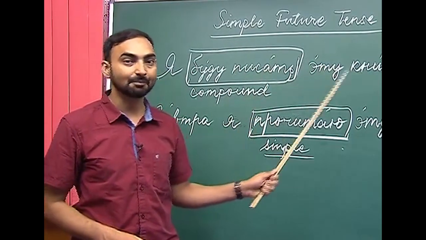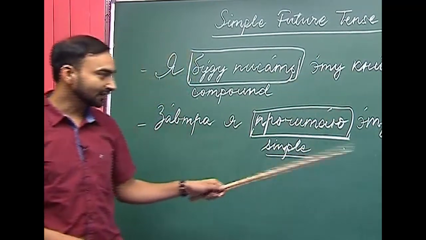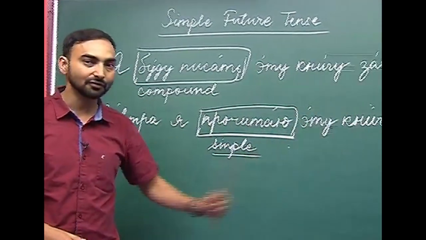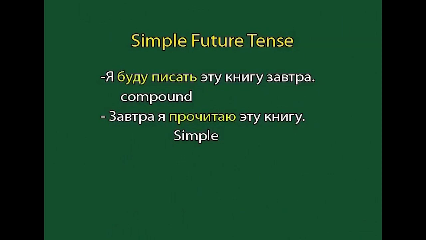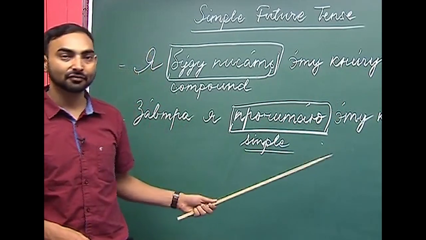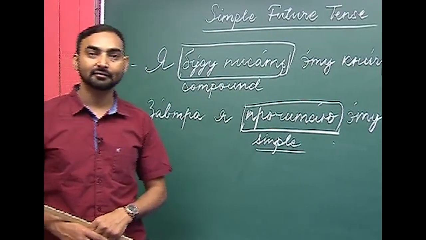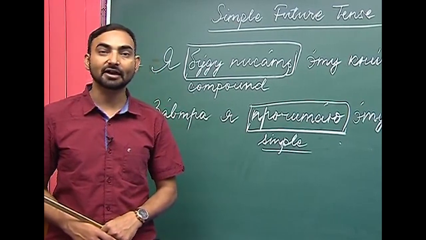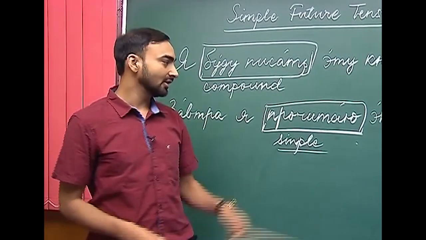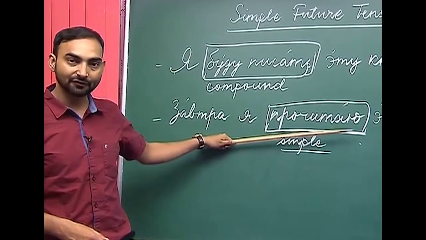And if you translate the other sentence, завтра я прочитаю эту книгу, it will be translated as कल मैं यह किताब पढ़ लूँगा. So, here I am saying padhunga and here pad lunga. So, in the second sentence we are telling the audience about the completion of an action. Pad lunga, it denotes the completion. So, that is why we are using the perfective aspect.